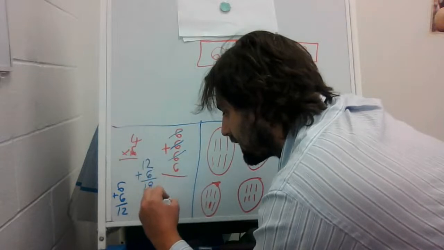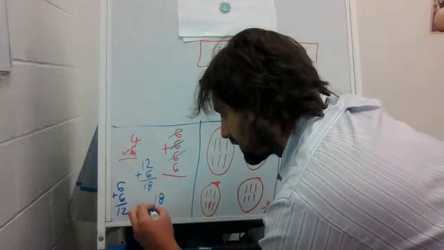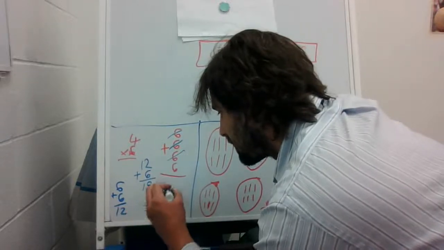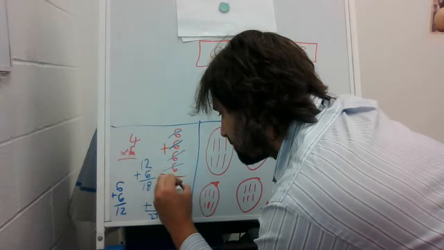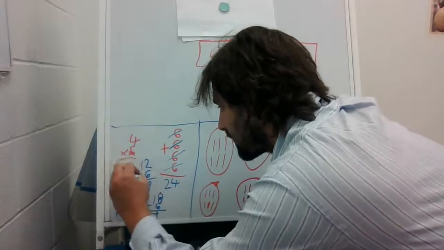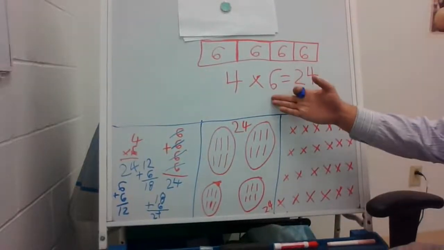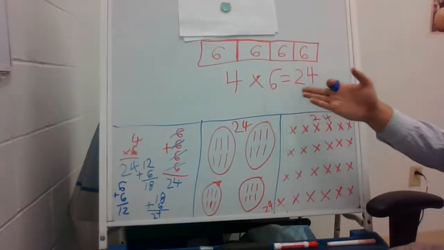Now I'm going to add 18 plus 6. 18 plus 6 equals 24. Just added 6 4 times, and our answer is 24. So 4 times 6 equals 24.